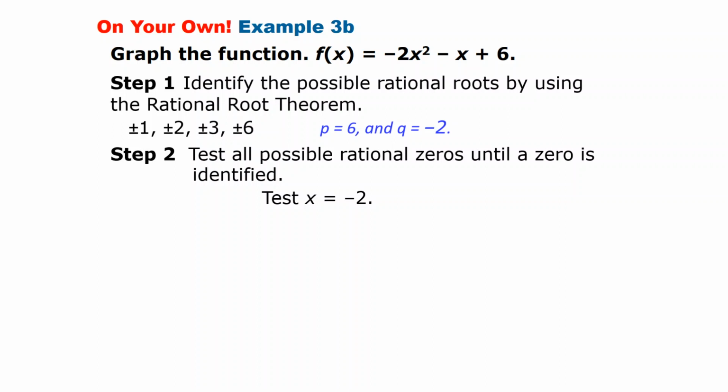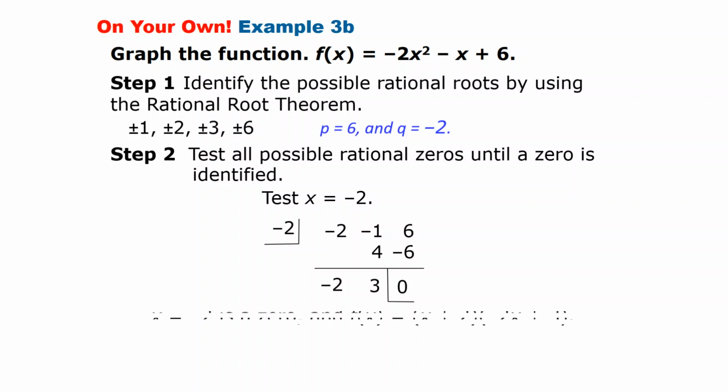So this time they say go ahead and let's test x equals -2, just in the interest of time here. When we do -2 and do our synthetic division, we get 0 there. So we know that x plus 2 is going to be a factor. All right, and then that would leave us with 2x plus 3.